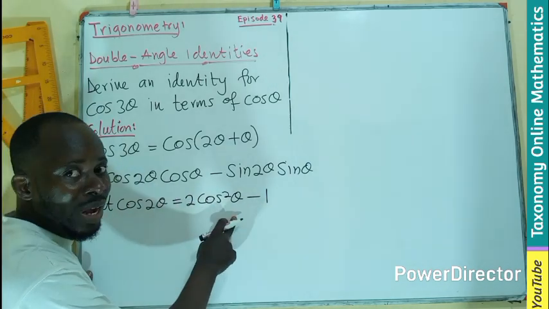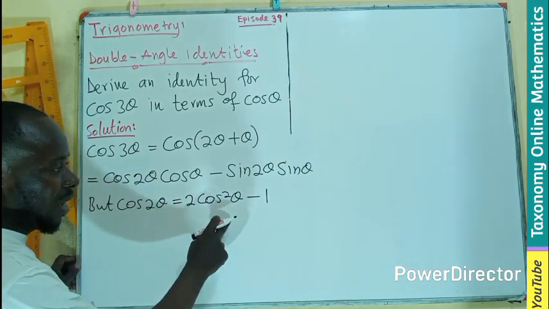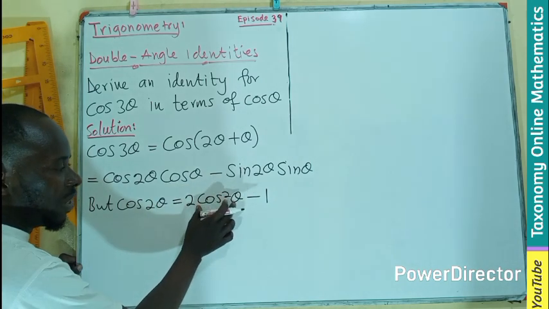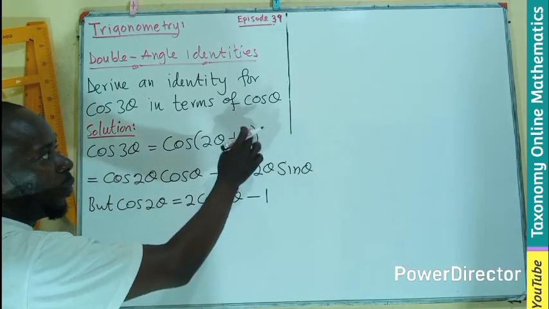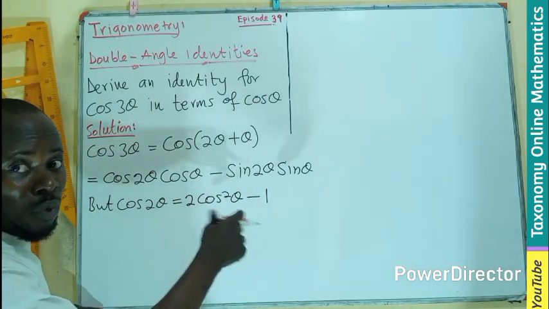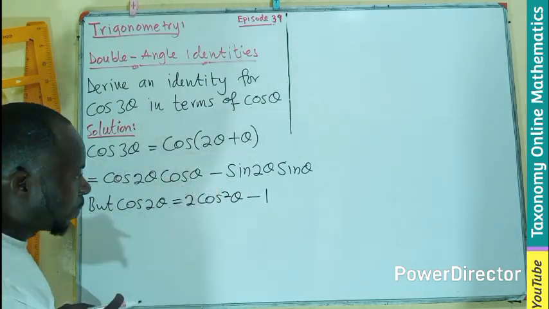That's not the only way we can expand it. We can also expand it to be 1 minus 2 sine square theta, or cos square theta minus sine square theta. But we are aiming at getting only cos.